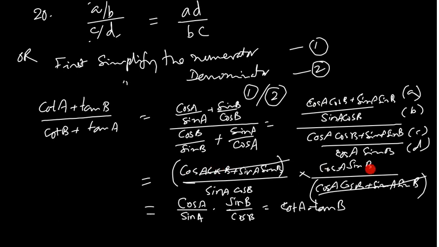So we cancel them out. Then I get cos A by sin A. Yeah, correct. Then that's the answer.